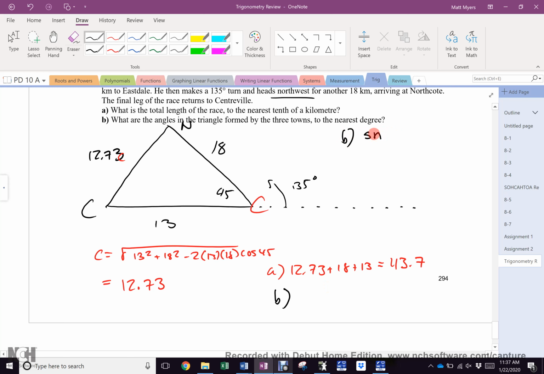Sine of n over 13 equals sine 45 over 12.73, which equals sine c for down here over 18. Then you just do the math, and n equals 44 and c equals 89, or 46 and c equals 89, and then you're done.